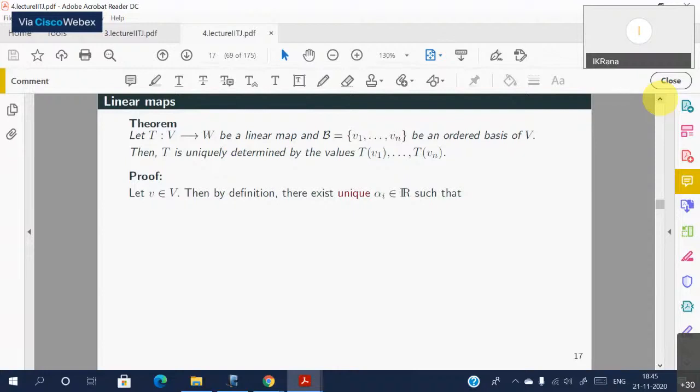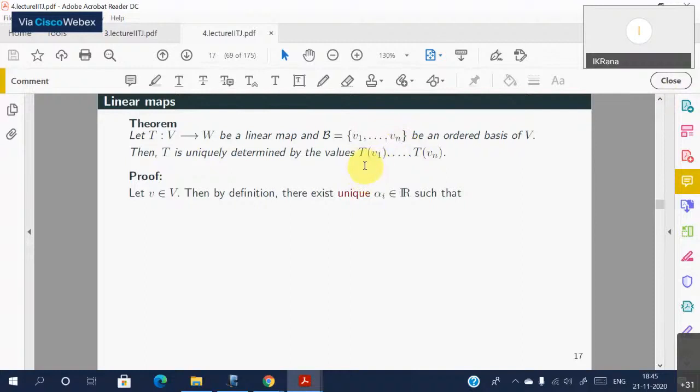Mathematically, a linear transformation T from V to W is uniquely determined if you know the images of the basis elements. Here the basis is going to play a part now. V is a vector space in Rn, so it has a basis, say V1, V2, up to Vn.